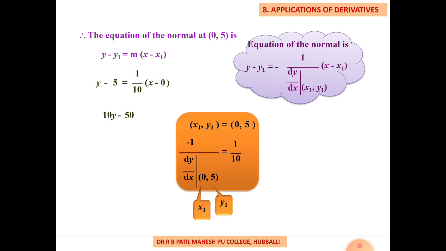If you simplify this, taking 10 to the left hand side, 10y minus 50 equal to x. Therefore, x minus 10y plus 50 equal to 0. This is the required equation of the normal at (0, 5).